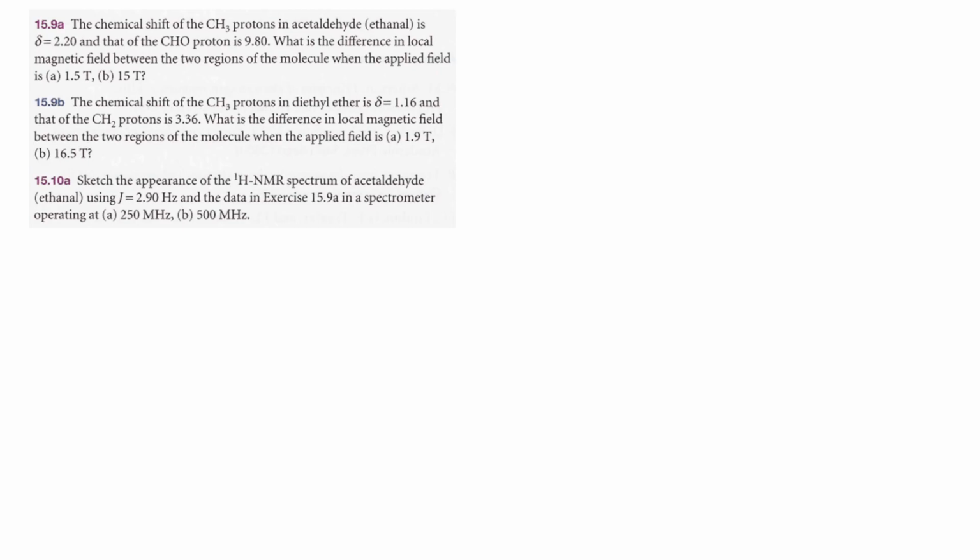So to solve this question, we have already discussed this, right? What is the difference in the local magnetic field? That is your delta B effective they want to know, right? But before delta B effective, what is B effective? That is 1 minus sigma B0, right? That we have discussed.